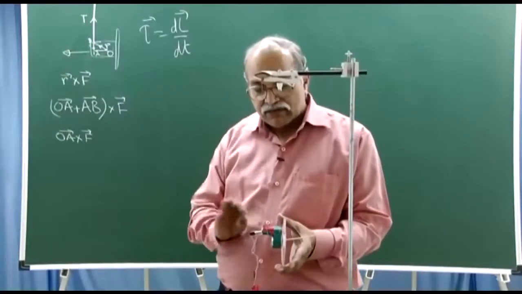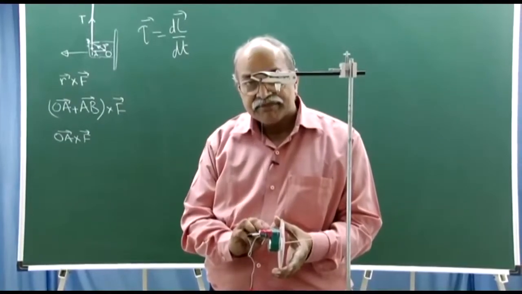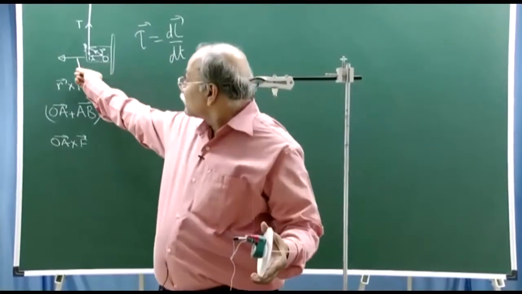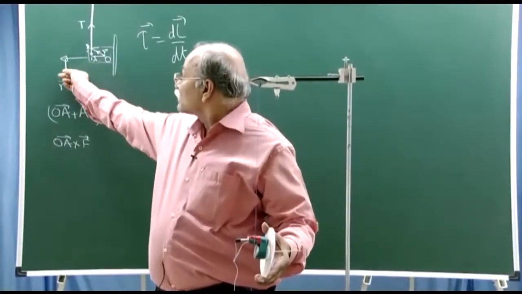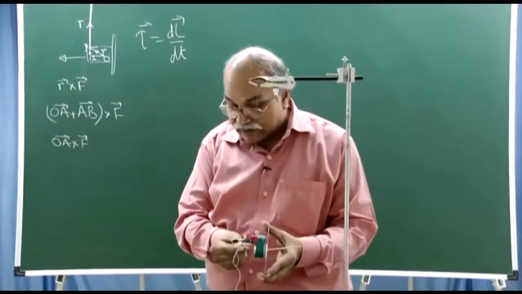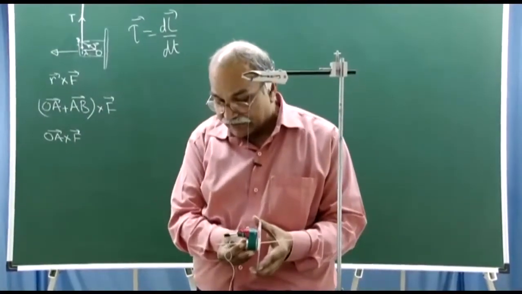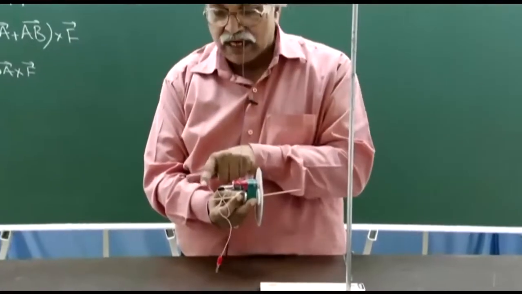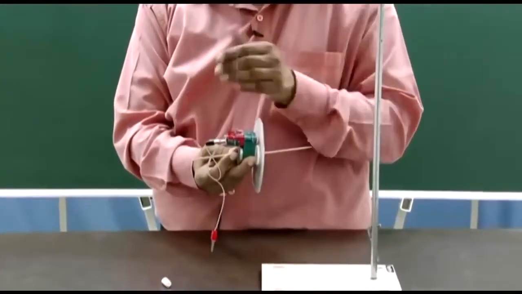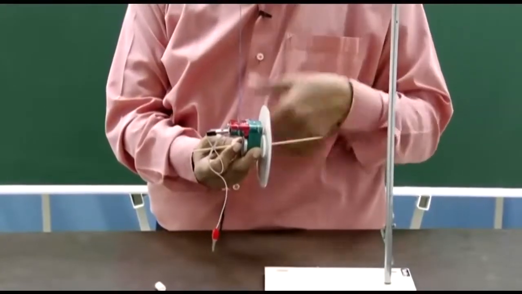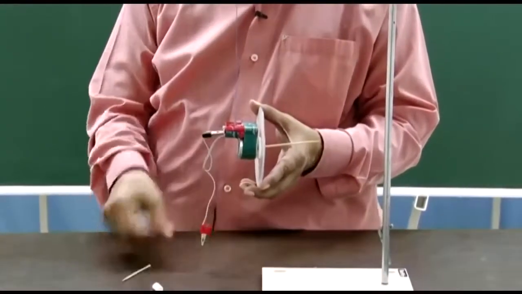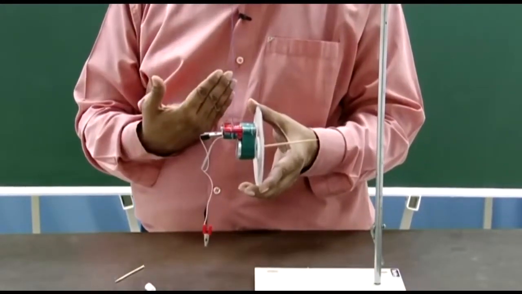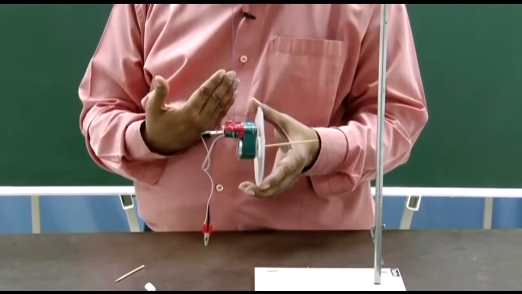If I look at it here on the system, this vector R, or this OA vector, is like this toothpick here, and the force vector, tension, is here. So, R cross F will be towards me. So, torque is towards me, and the change in angular momentum should be towards me, because torque is dL/dt.